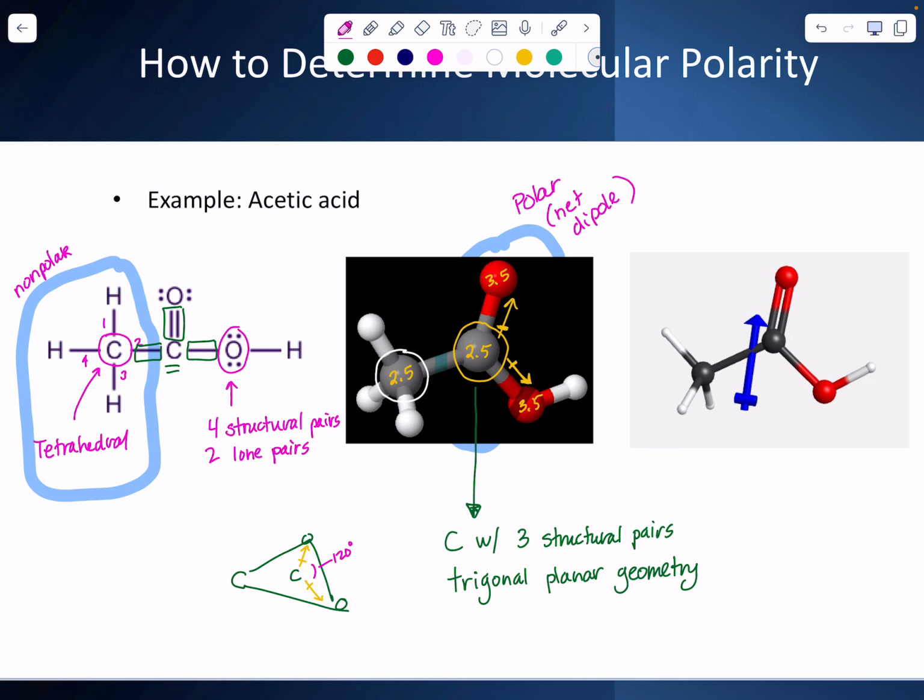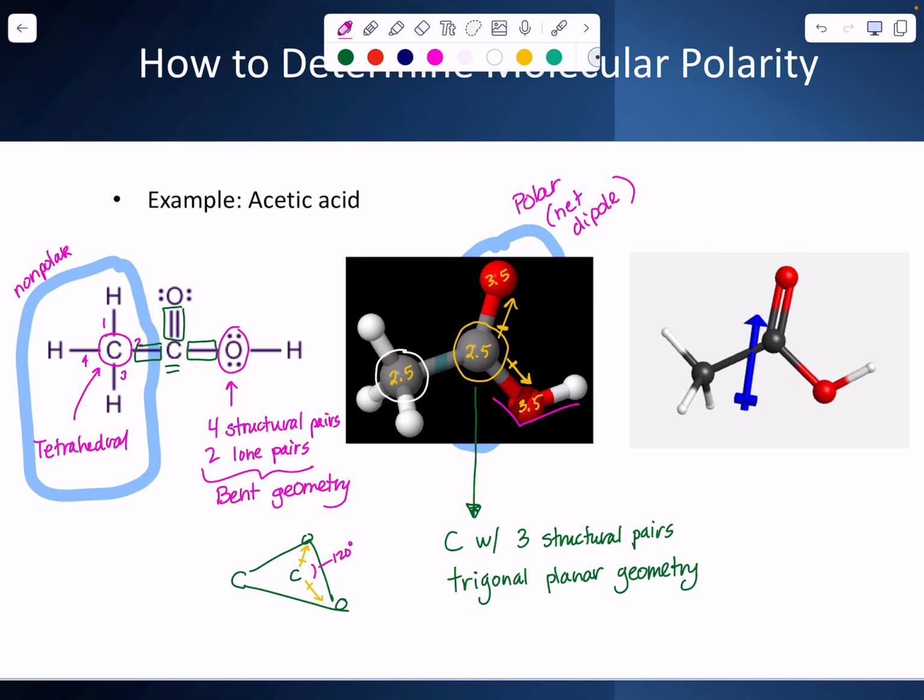What geometry does that give us? What shape is the water molecule? Yeah, it's bent. Excellent. So this is a bent geometry. That angle is going to be somewhere between 104 and 109, depending. Probably closer to 104.